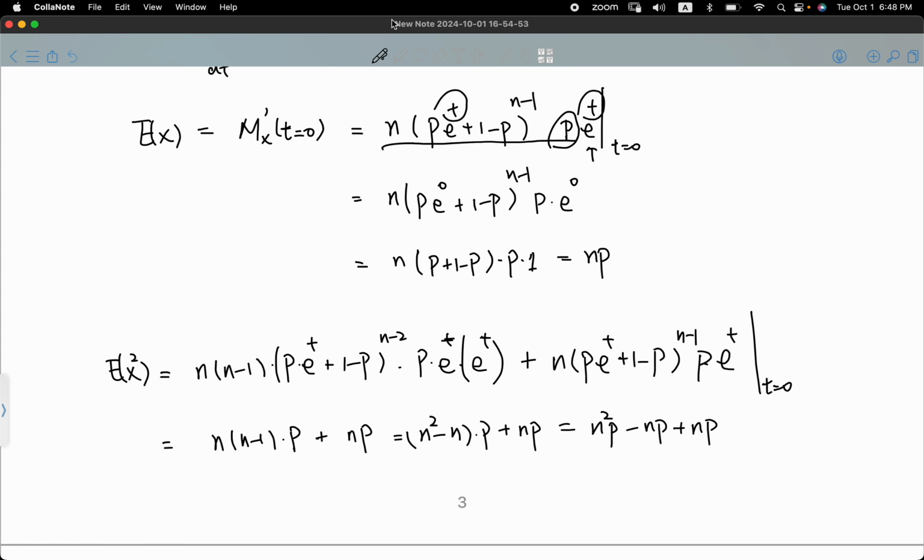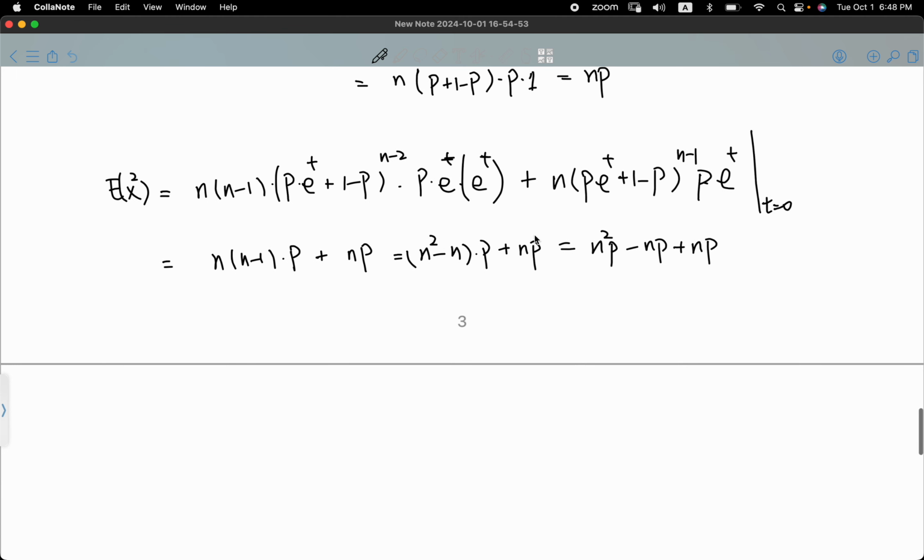When you take the derivative with the chain rule here, so this p is... anyway, let me just provide you the answer, because I'm a little bit in a hurry. So I'm missing a p, but the answer is n squared p squared minus np squared plus np. And this is the second moment.